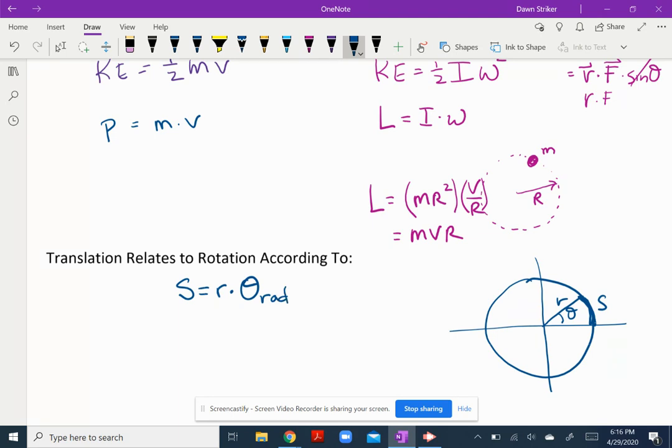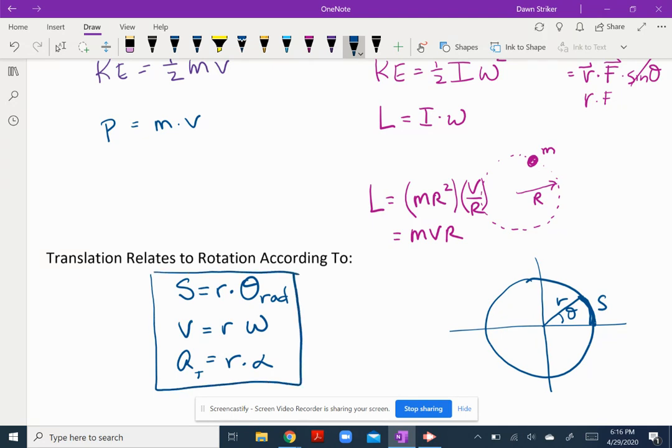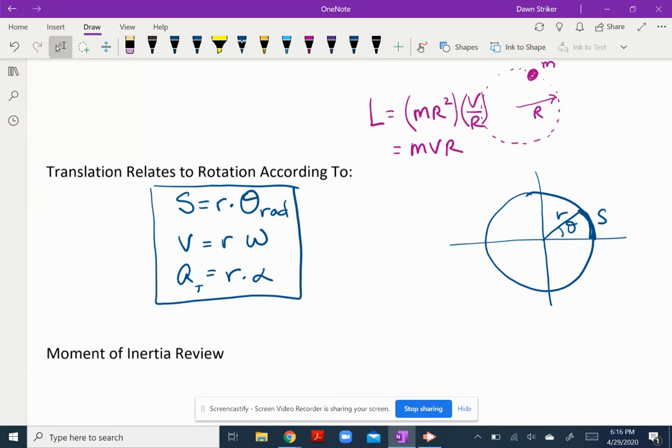Arc length S is measured in meters. Now, if I divide each side by time, I get velocity is equal to R times omega. And if I divide by time again, I get acceleration. Tangential acceleration is R times alpha. So that's how translation relates to rotation, and that'll be something for you to keep in mind.